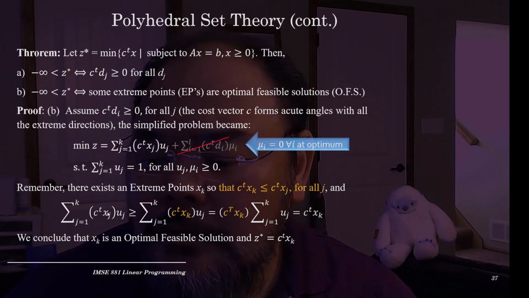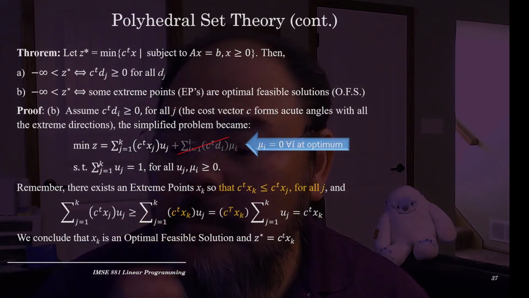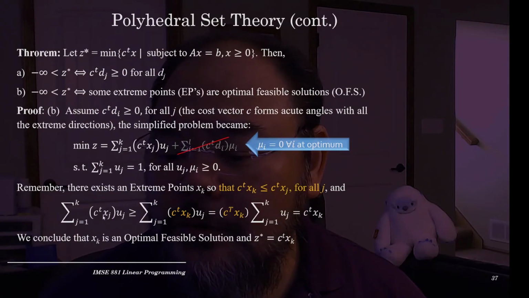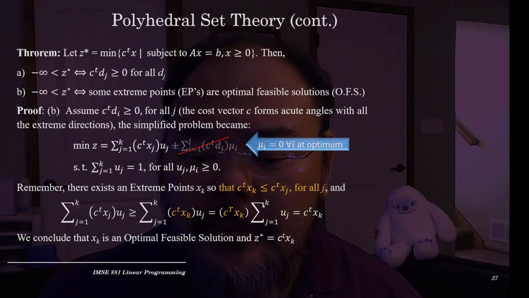c transpose times x, where x is a convex combination of the extreme points with weights mu_j, is greater than or equal to, if I replace all of them by c transpose times x_k. Since all of them have c transpose times x_k, I can take it out of the summation.